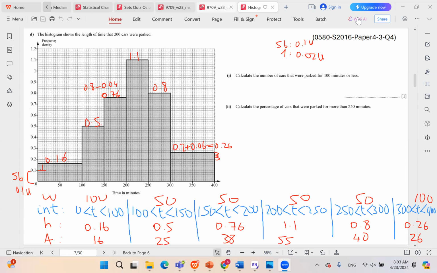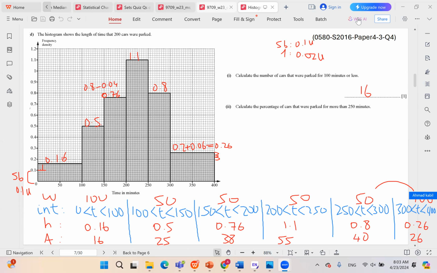So to calculate the number of cars for 100 minutes or less, this would be from 0 to 100. So this would be the 16, basically. And then for more than 250 minutes, we want the percentage. So the percentage will be the number over the total number. So for more than 250, this means that we are referring to these two.